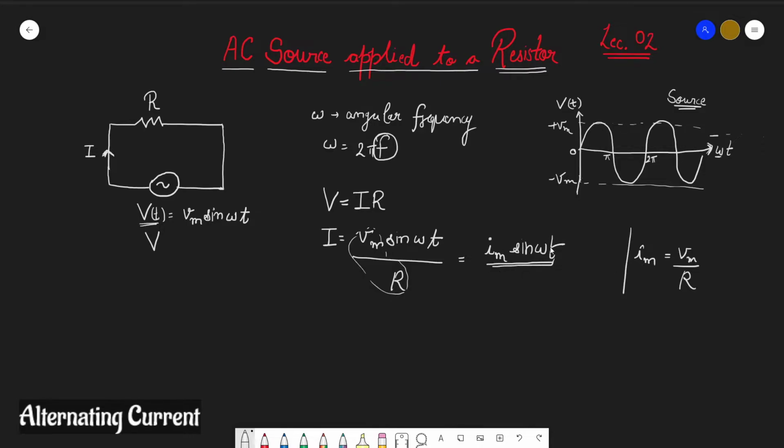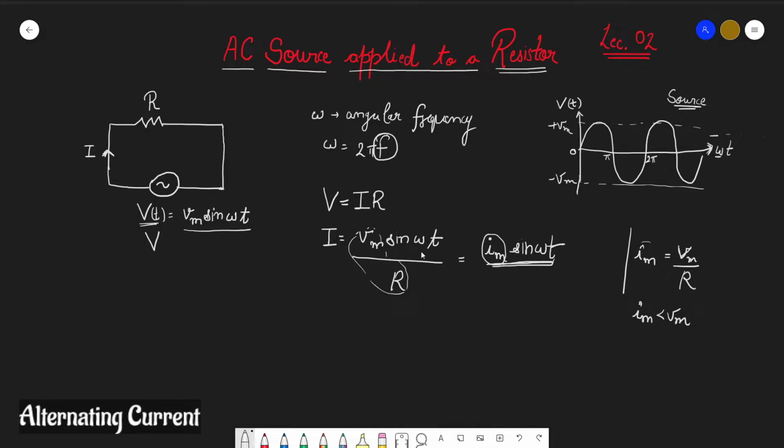It is also a sinusoidal wave, just like the source. Im is V maximum divided by R, so obviously Im is less than Vm.